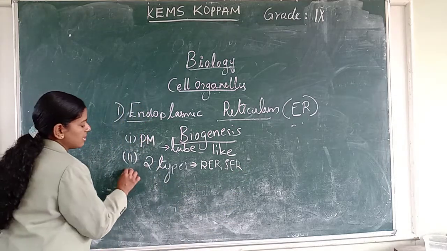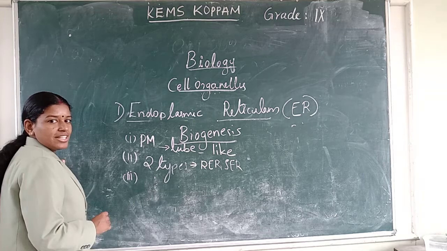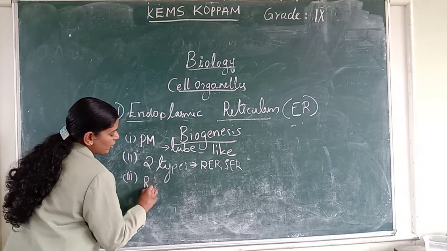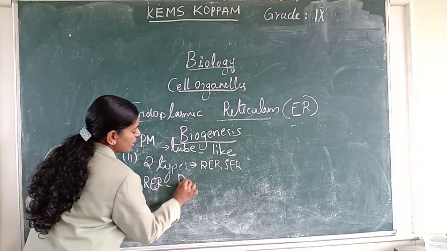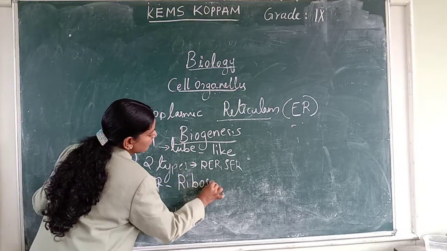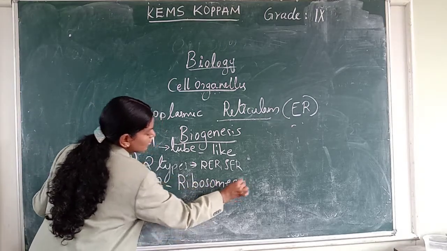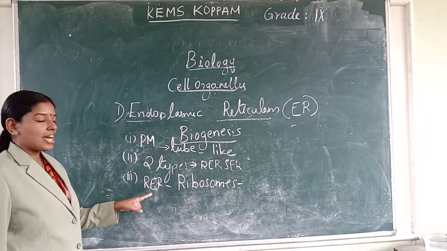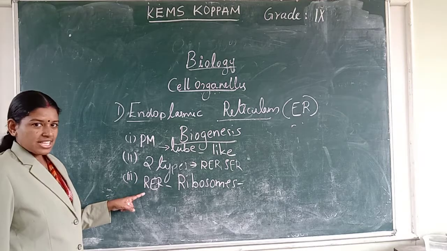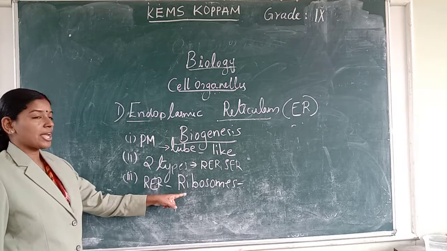Now what is the third point we studied? Rough endoplasmic reticulum looks rough by the presence of granules above it, which are called ribosomes. Once again, RER or rough endoplasmic reticulum seems to be rough by the presence of ribosomes.